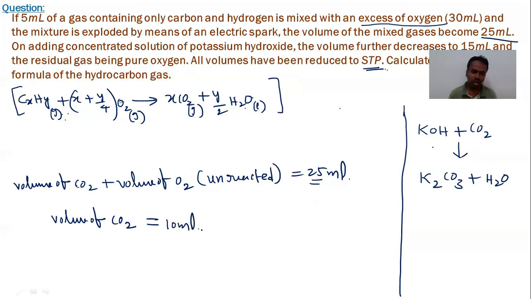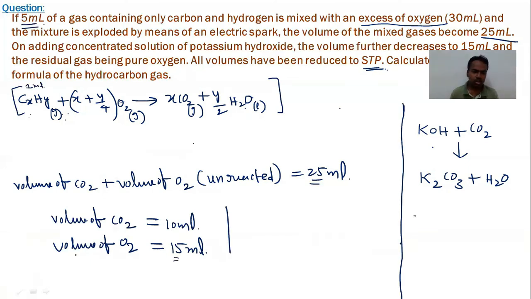Then what about the volume of O2? The volume of O2 is 25 minus 10, which is 15 ml. So the volume of CO2 is 10 ml and the volume of O2 unreacted is 15 ml.